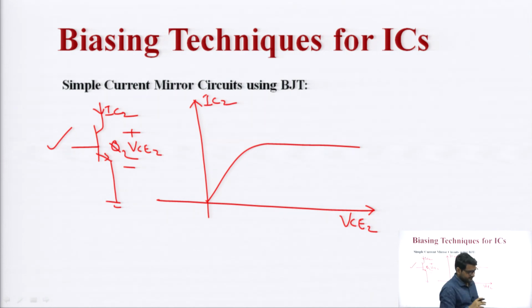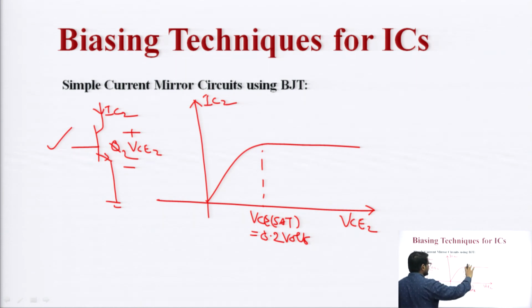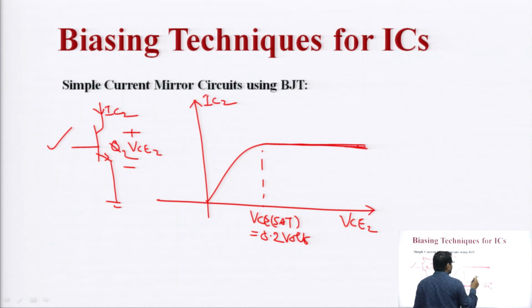For a constant current source, it is necessary that the transistor Q2 operates in the active region, means VCE2 is greater than VCE sat, that is 0.2 volt. The voltage of VCE2 must be greater than VCE sat, that is 0.2 volt, and then this circuit acts as a constant current source. So, for this region IC2 will be constant and IC2 is our output. So, we can say that the current mirror circuit acts as a constant current source.